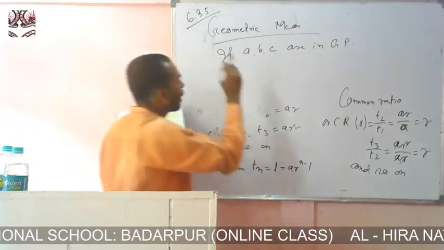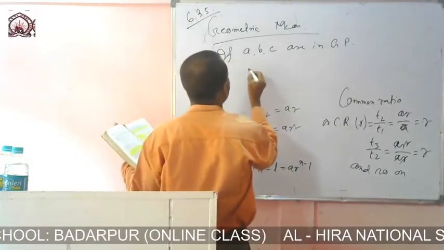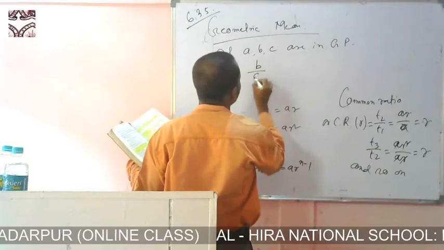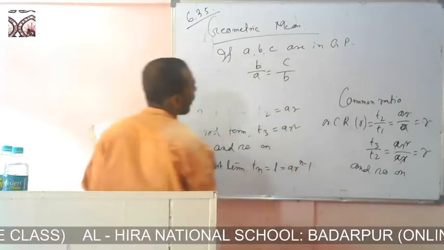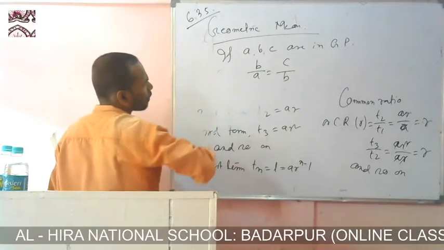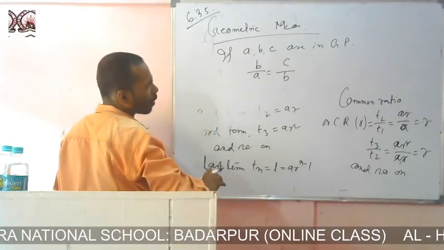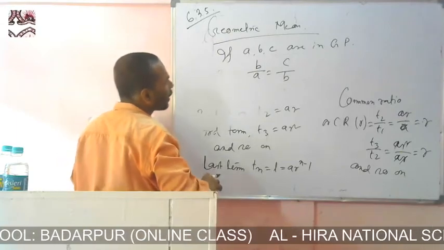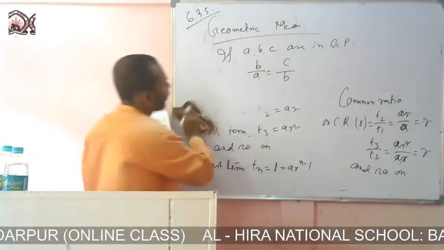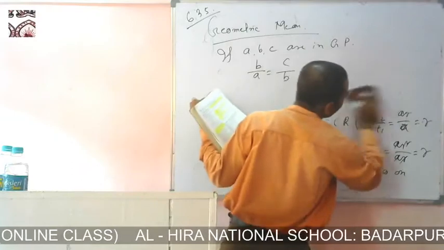Then by property, B by A will be C by B. In arithmetic mean, B minus A is equal to C minus B, but in geometric progression, B by A is C by B.